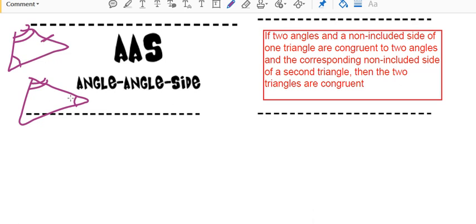So I need to go here and I need to go to the side length across from the one with one arc, and that has to be the side length that's congruent. If this side length were congruent, that would not be angle, angle, side, because that would not be the corresponding non-included side. So I hope that makes sense. So go ahead and get that information down, and then we're going to talk about one more thing, and then you're going to need your Walsh books.